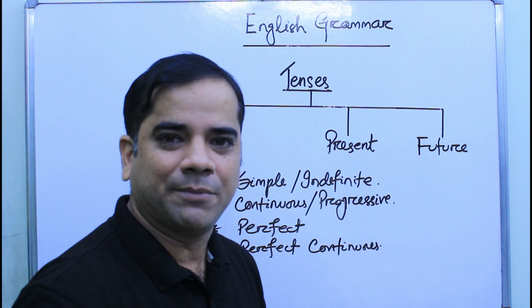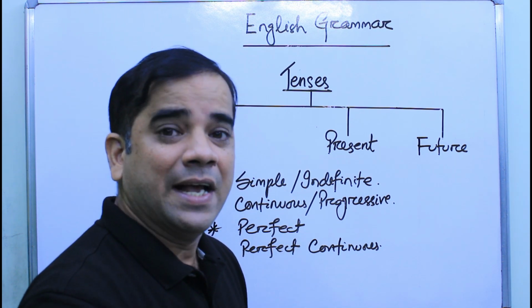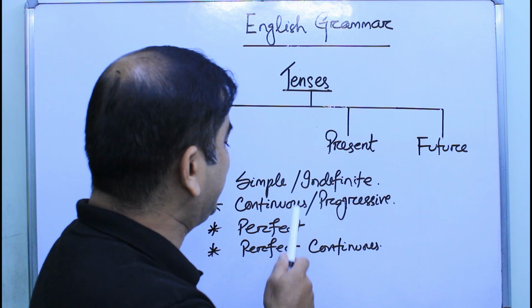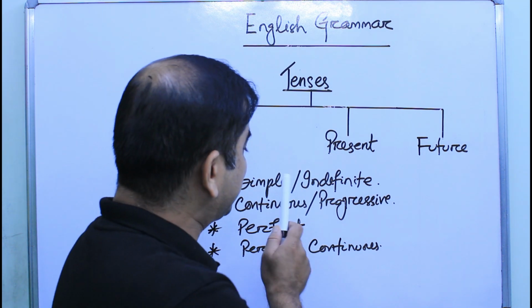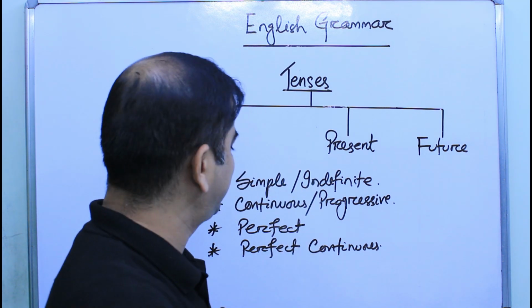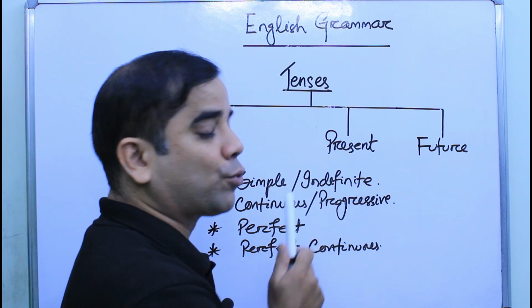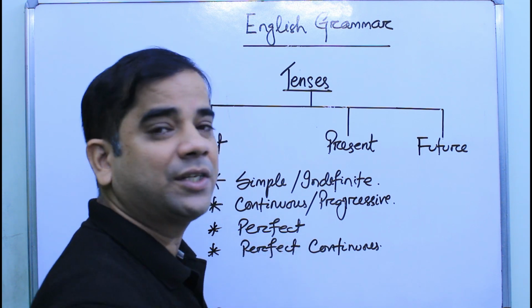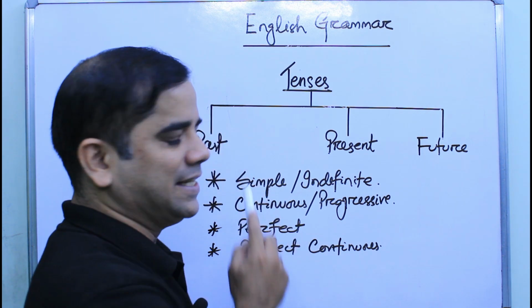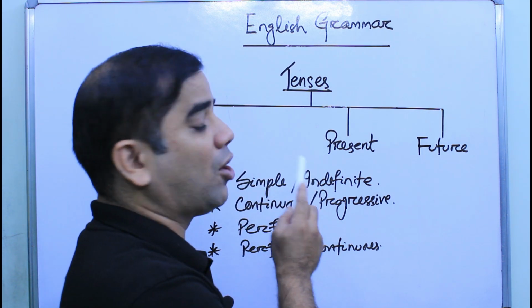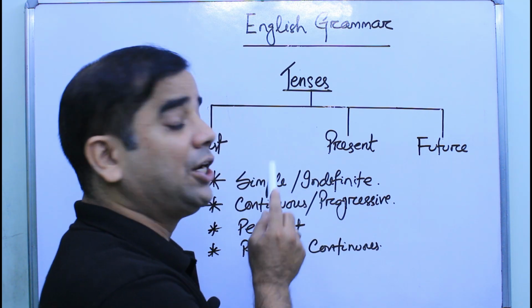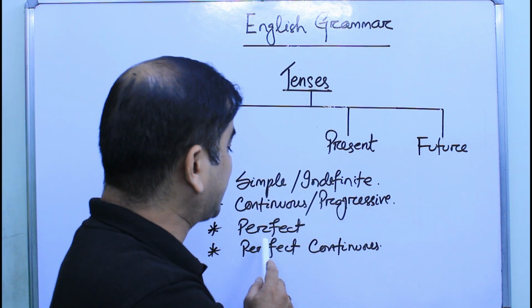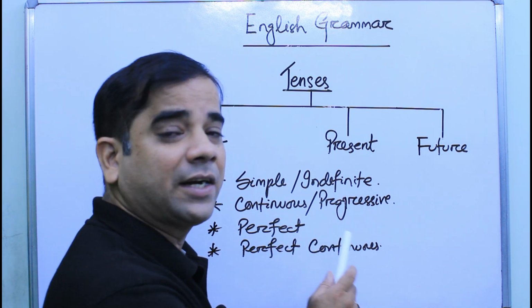These three main parts of the tenses can be subdivided into four different parts. Those are simple or indefinite tense, continuous or progressive tense, perfect tense, and perfect continuous tense. That means past simple or past indefinite, past continuous or past progressive, past perfect, and past perfect continuous.